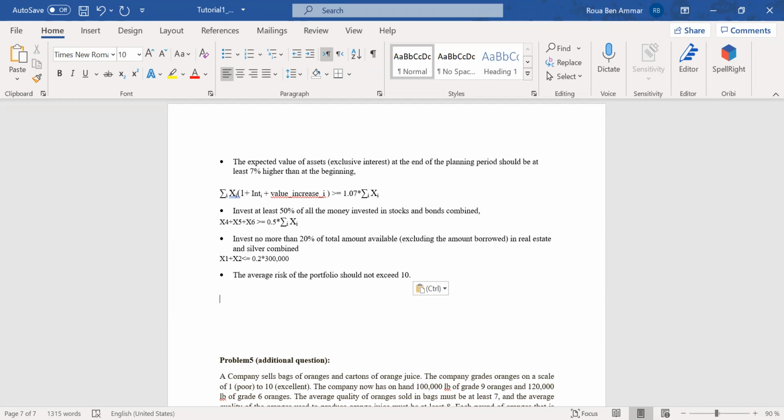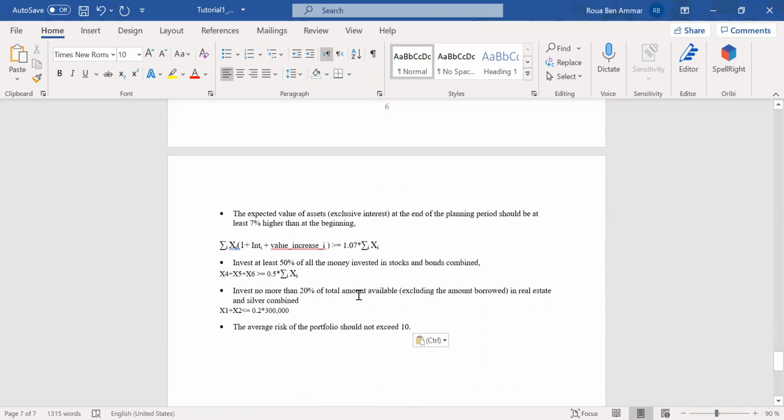It means we take the sum for the average risk of all of them, and it should not exceed, meaning less than 10. How do we write the average? On the sum of xi multiplied by the risk i.